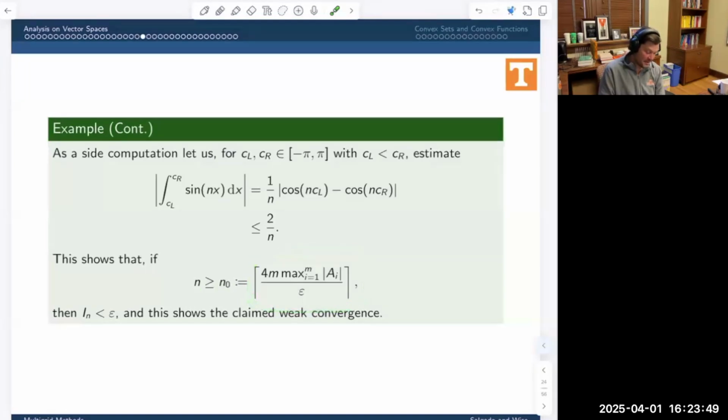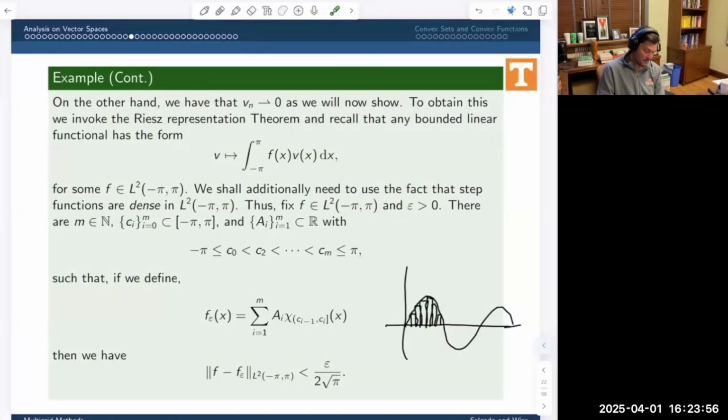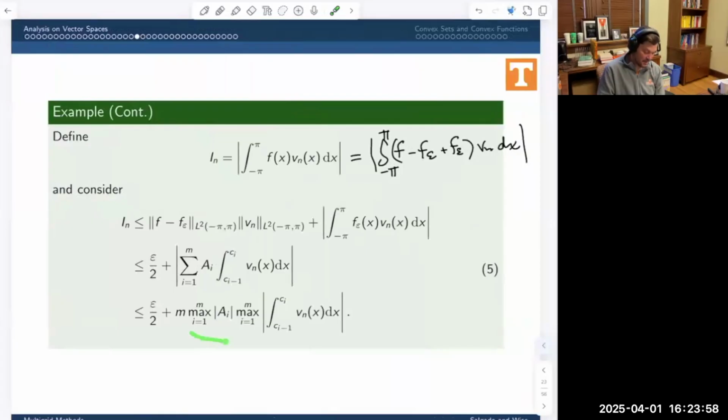Now this has been perfectly contrived so that once I put that information back in this step right here, this whole term works out to be exactly epsilon over 2. So I have an epsilon over 2, an epsilon over 2, based on my choice of n.